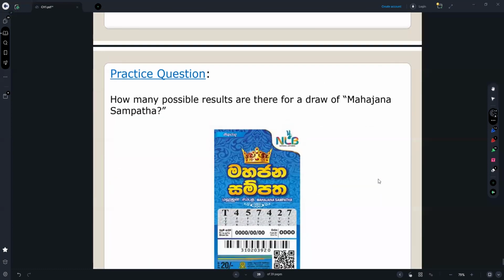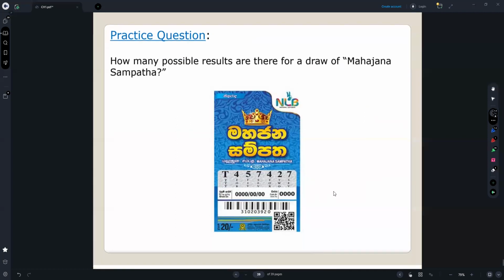So hope you can remember the lottery draws that I mentioned. This is the setup of the Mahajana Sampata. If you actually watch the raffle draw in Mahajana Sampata, they select one letter and 6 numbers. For these 6 numbers, they select the first number out of a bin going from 0 to 9, right?